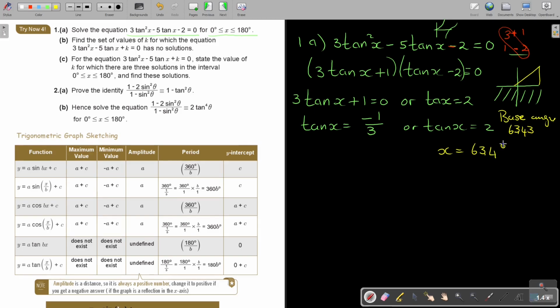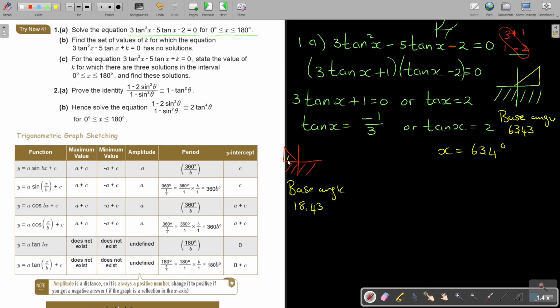And if I make a sketch for this one on this side, here I block out again. But now where is tan negative? So tan is going to be only negative there because there it's positive. So again, get my base angle. Don't press in the negative, just press shift, press tan, press bracket, 1 divide 3, close the bracket, equals, and I get 18.43.